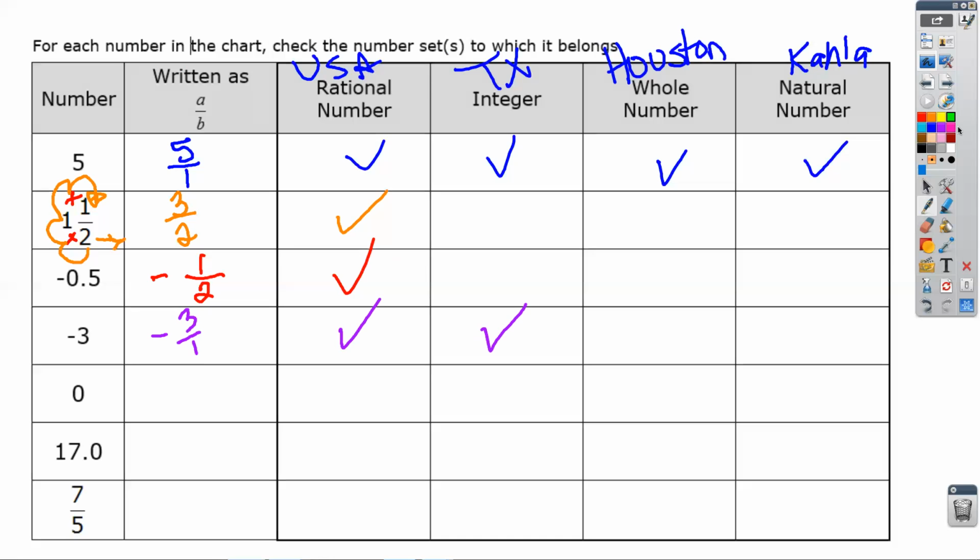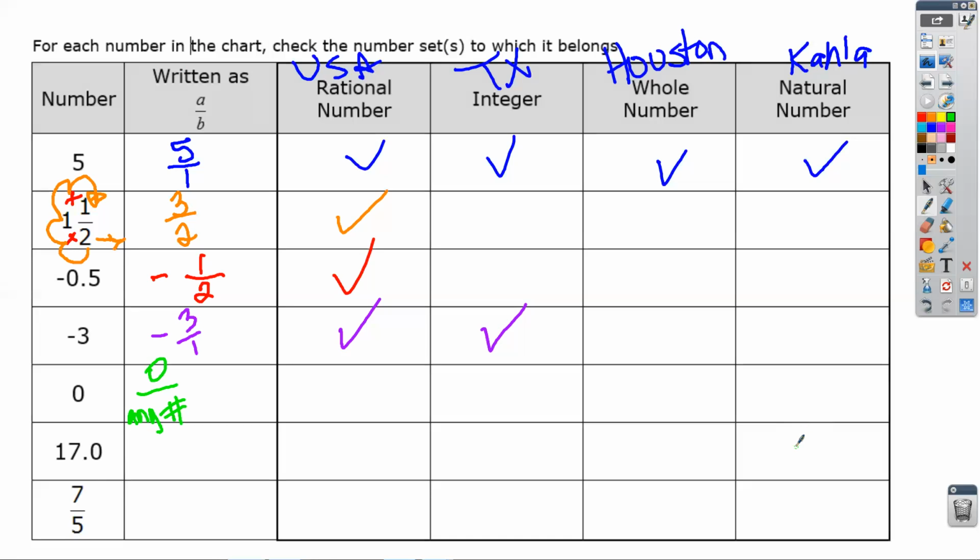All right, the next one is 0. We can write it as a fraction as 0 over any number. 0 can be written on top of any number, and it's always going to simplify to 0. Now, at 2 years old, does a 2-year-old know what 0 means?